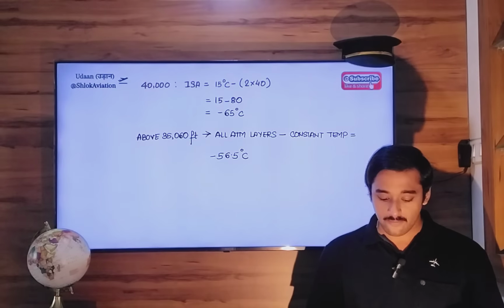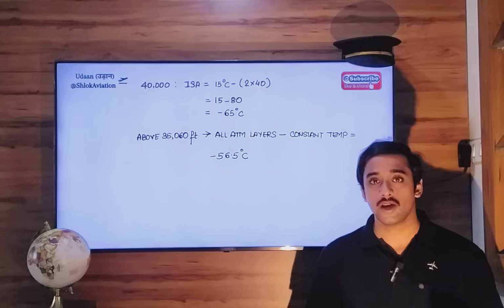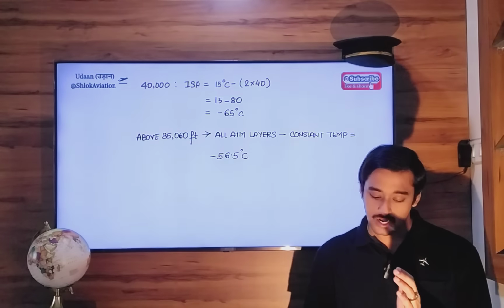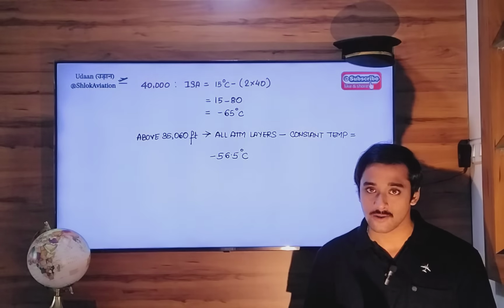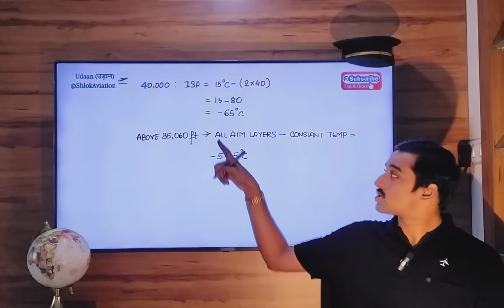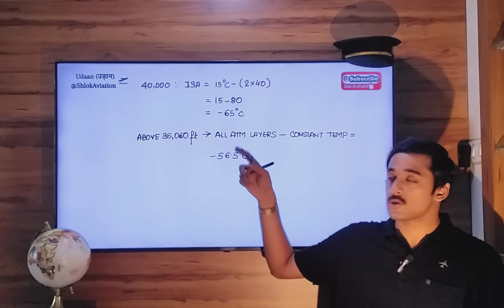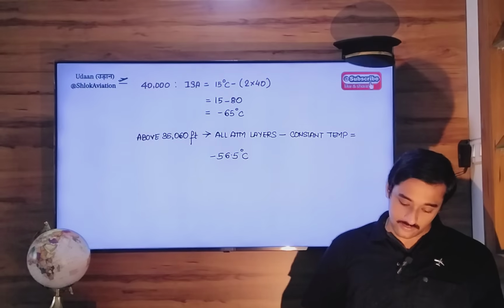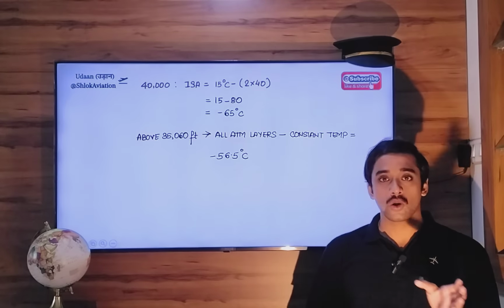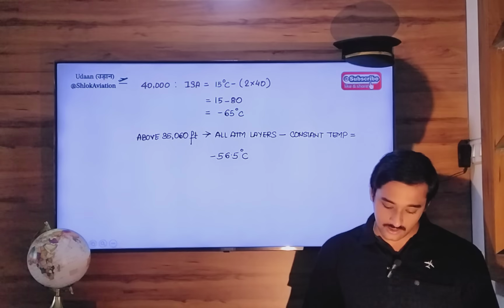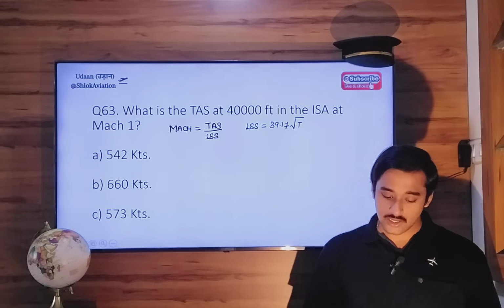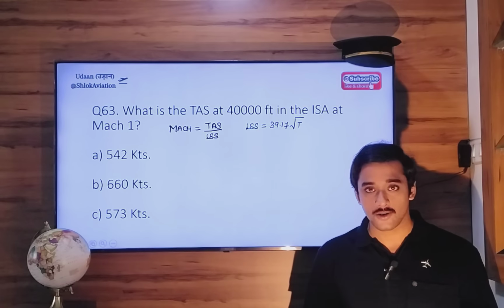So the temperature at 40,000 feet, we are going to consider as minus 56.5. The real value should be, according to standard atmosphere, minus 65, but ISA assumes constant temperatures above 36,000. So minus 56.5 degrees Celsius at 40,000 feet.